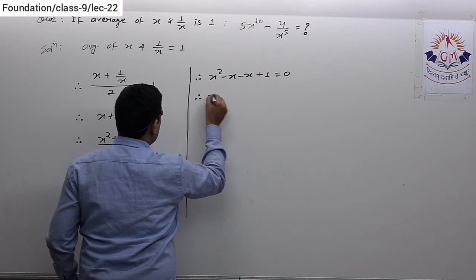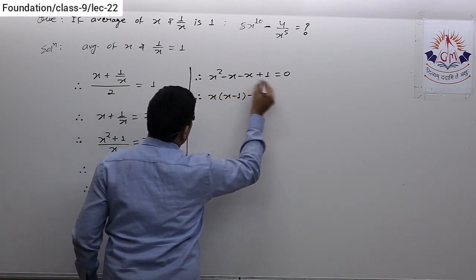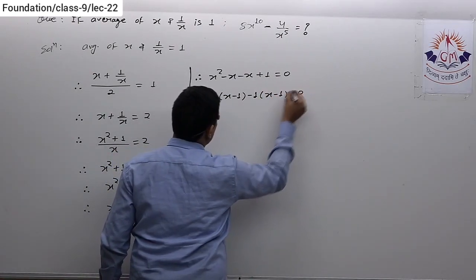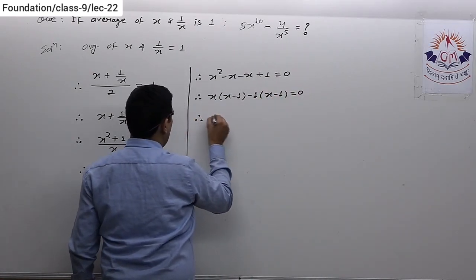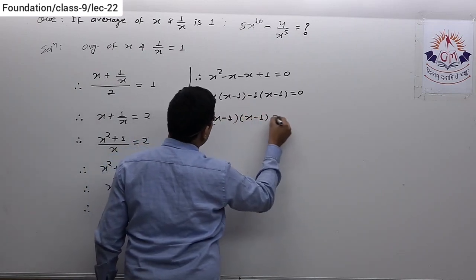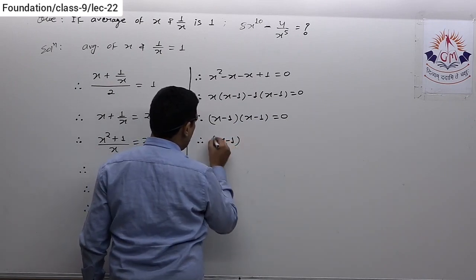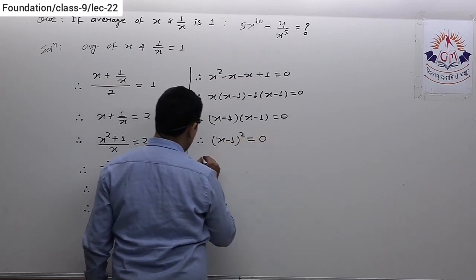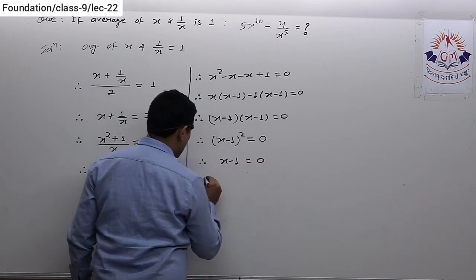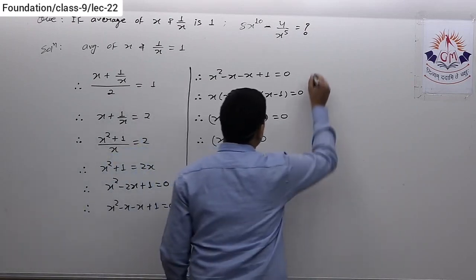From these two I can take x common, so x minus 1. From these two I can take minus 1 common, so x minus 1 is equal to 0. Ultimately I got x minus 1 whole square is equal to 0, which gives me the value of x equal to 1.